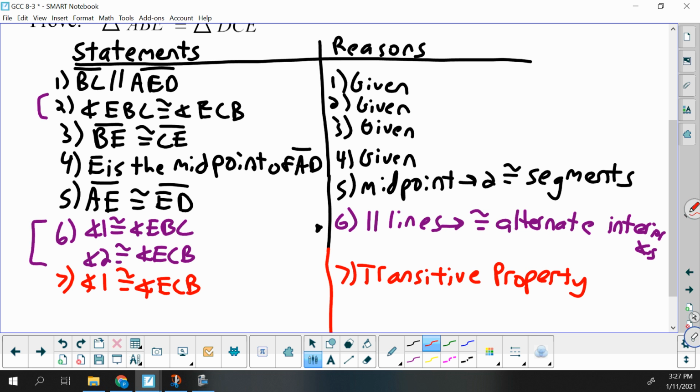Because the transitive property is used when two things are congruent to the same thing. They were both congruent to angle EBC. Well, now using our second line in step 6 and the line in step 7, those are both congruent to ECB, so we can say angle 1 is congruent to angle 2, again by the transitive property.